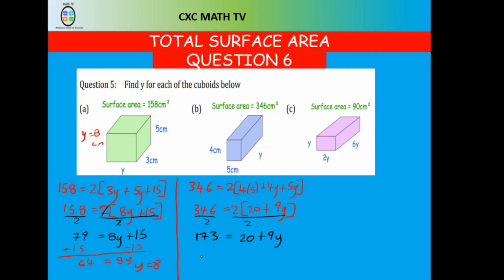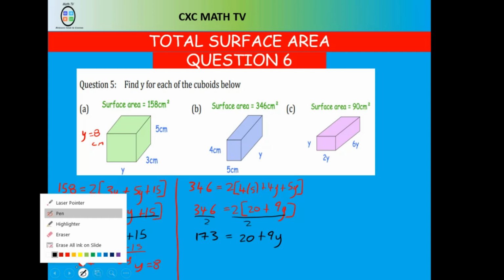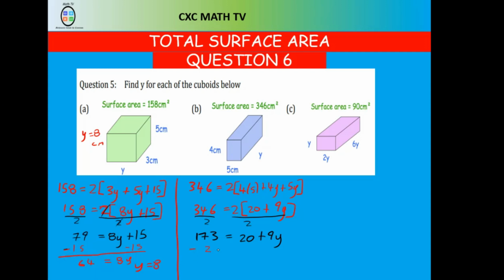Subtract 20 from both sides, and we get 153 equals 9y. Divide both sides by 9. So 153 divided by 9 gives us 17. So y equals 17 centimeters.